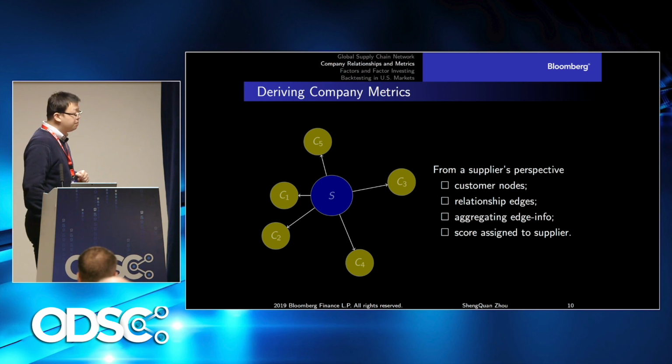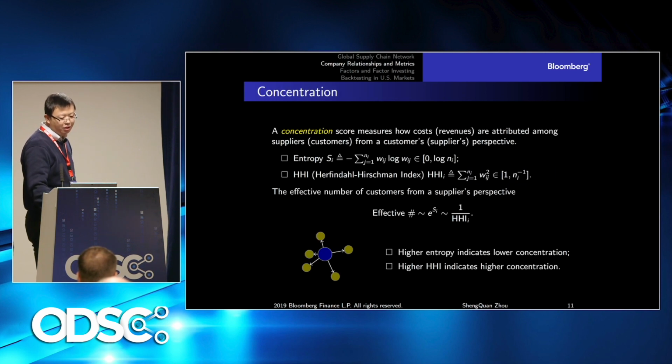From the supplier's perspective, you can think of various data associated with the relationship edges and also the customer nodes. The goal is aggregating that edge information into node information and assigning it as a score to the supplier, and we treat it as a factor. We'll talk about what a factor means later.